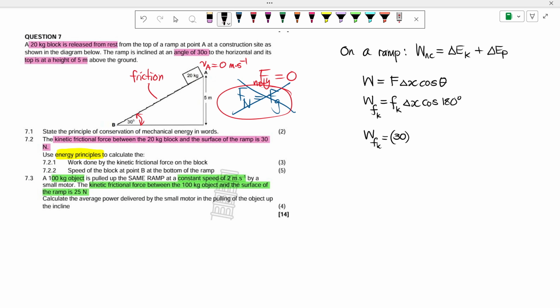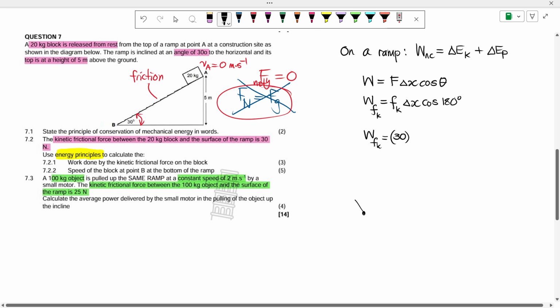In this case, for example, if I do a quick free body diagram, I'm going to have the normal force pointing in that direction due to the ramp. I'm going to have the frictional force going back. I'm going to have Fg going straight down, but I can find the components of that, which are going to be Fg perpendicular and Fg parallel. Then I can remove the main Fg.